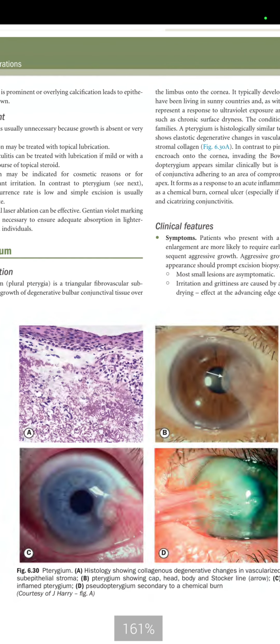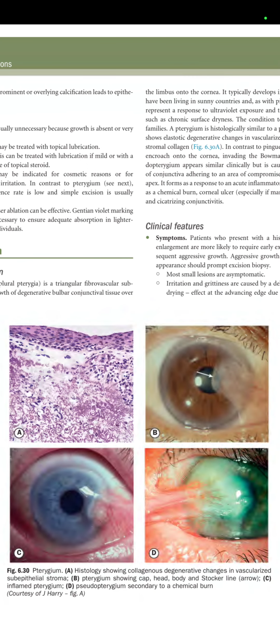And this is a pterygium. Histology showing the collagenous degenerative changes in the vascular subepithelial stroma. B is showing the pterygium, showing cap, head, body, and a Stocker's line.